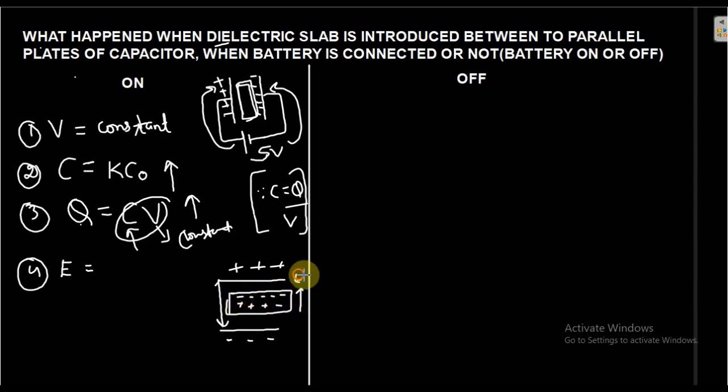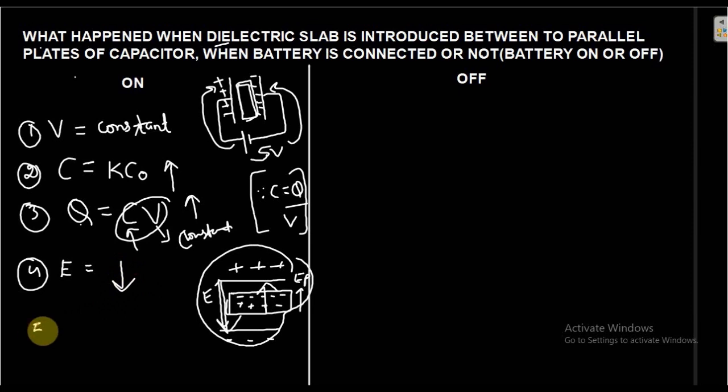Now two fields are there, one is E, the other is EP. What is the net electric field of this system? You can see this field direction is this side, and this field direction is this side. Overall the electric field will decrease because they have opposite directions and we subtract them.